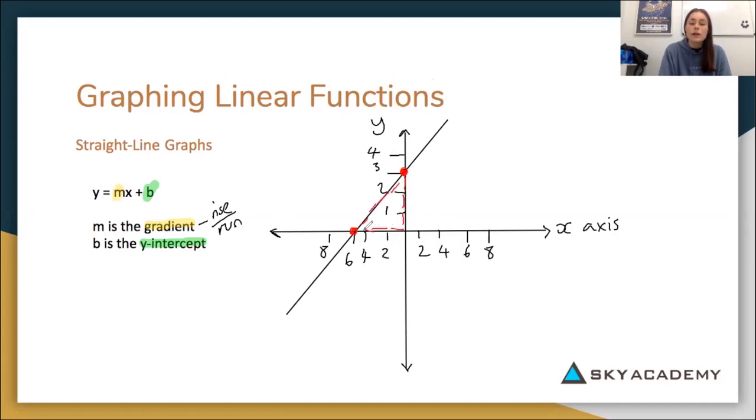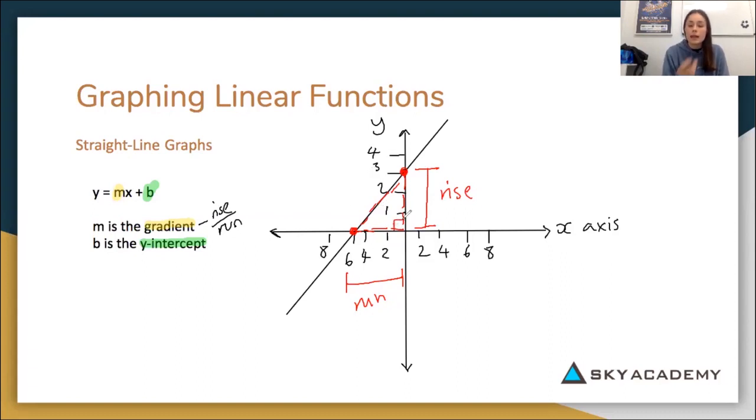My rise is going to be along the y-axis, and my run is going to be along the x-axis from that point to the triangle. The base of the triangle is the run, and the height of the triangle is the rise. We can ignore the hypotenuse if we pretend that that's a right angle.